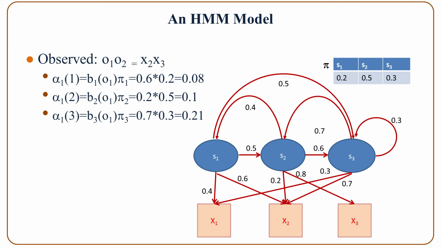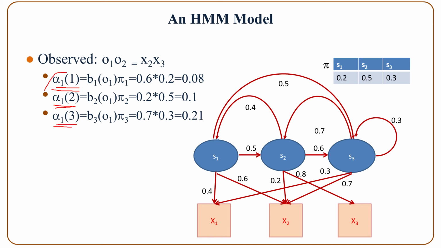So assume that at time 1 and time 2, we observed X2 and X3. Following the formulas, we can compute the forward probabilities alpha 1,1, alpha 1,2, and alpha 1,3.